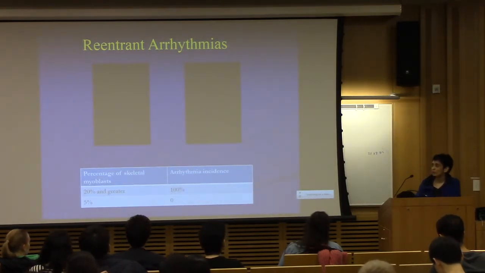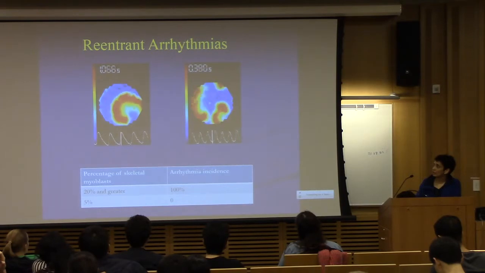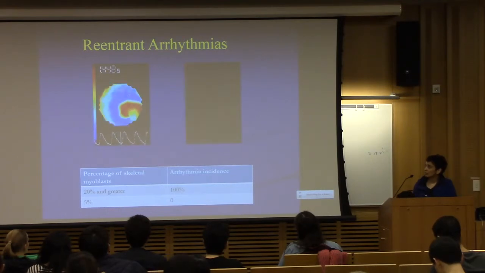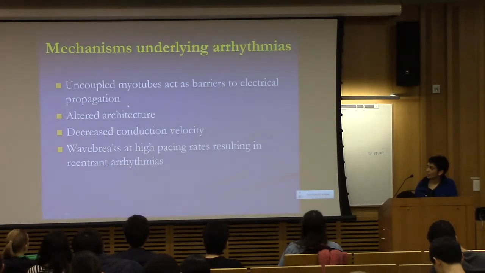So the more skeletal myoblasts you had, the more perturbation of conduction. These are all examples with several reentries, and this one is a single reentry. This would look possibly like polymorphic VT, and this would look like monomorphic VT in a patient.